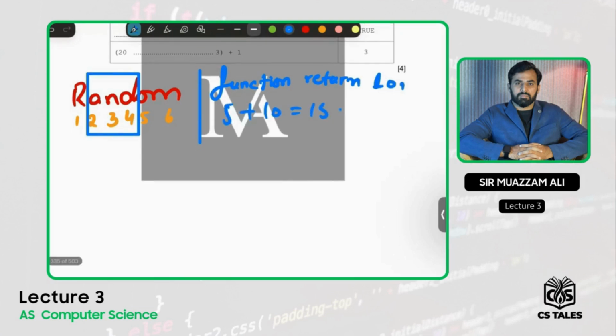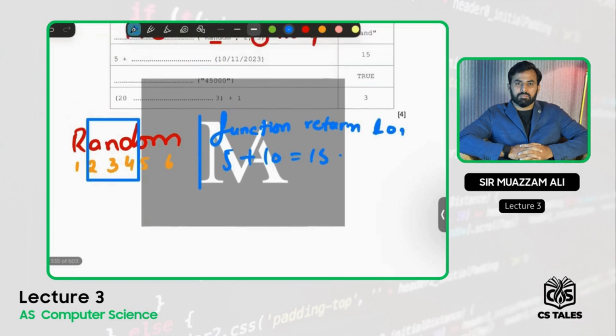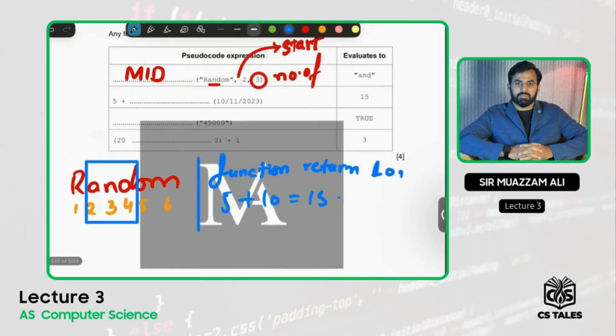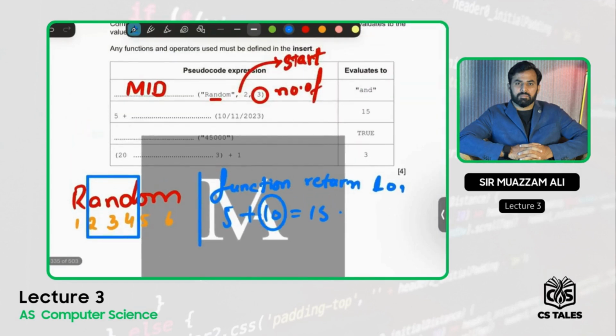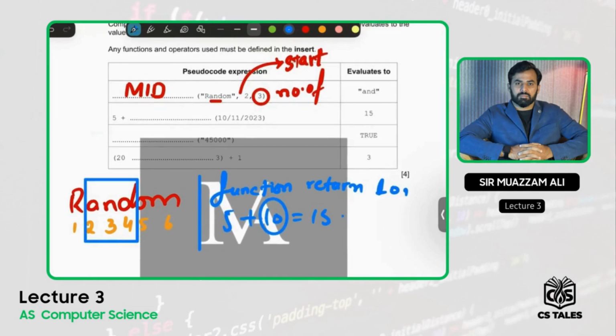From the date 10 11 2023, the value 10 is the day. So basically 10 is a day, and the function that we need over there is day.